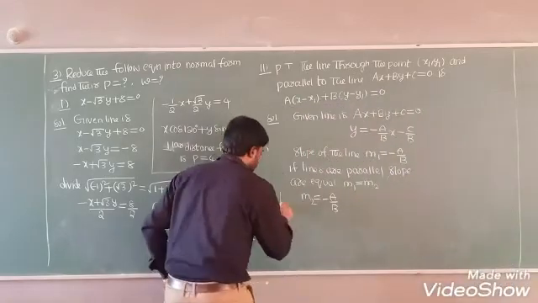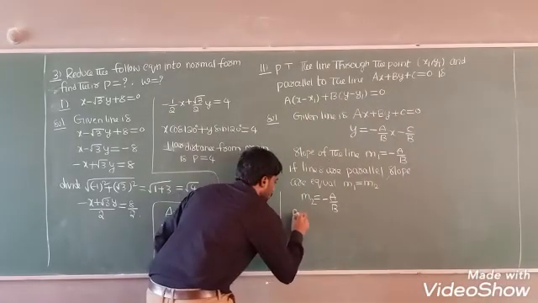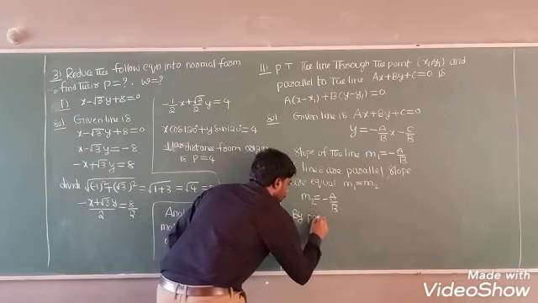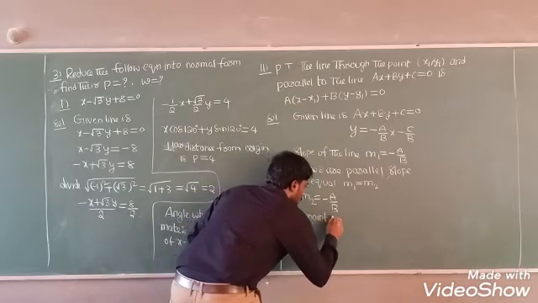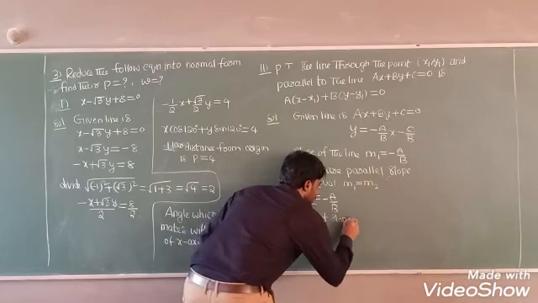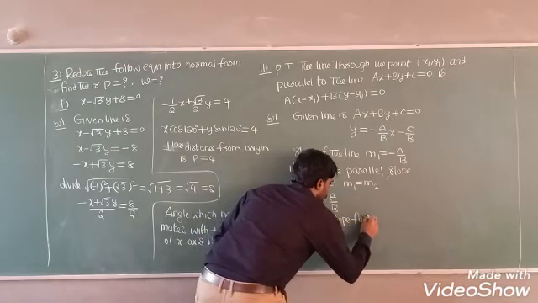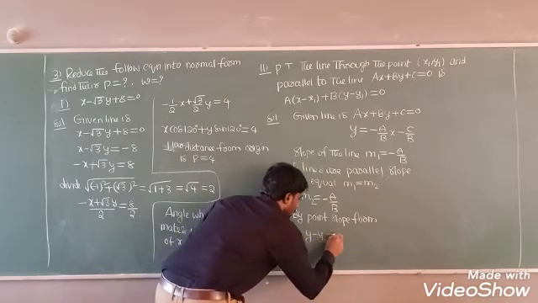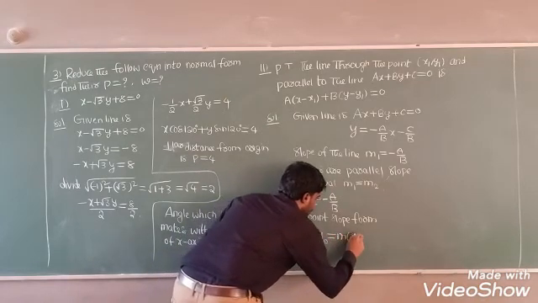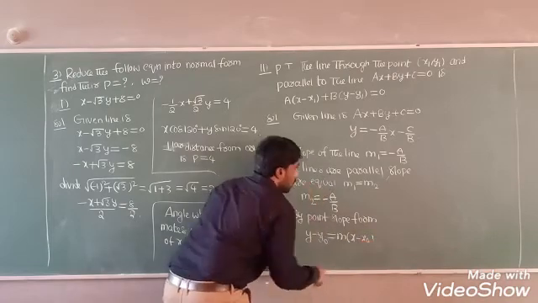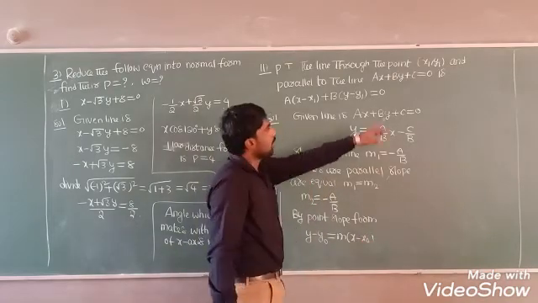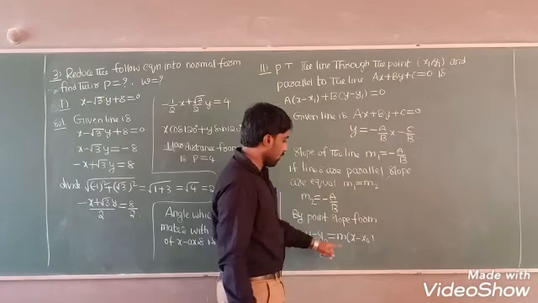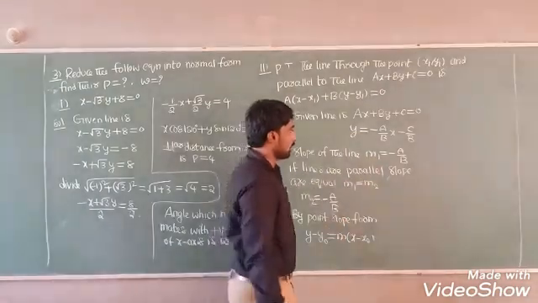So the equation of a line by point-slope form: y minus y naught equal to m into x minus x naught. What is x naught, y naught here? x1, y1. What is m here? Minus a by b.